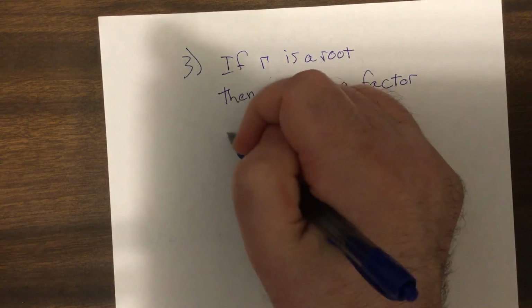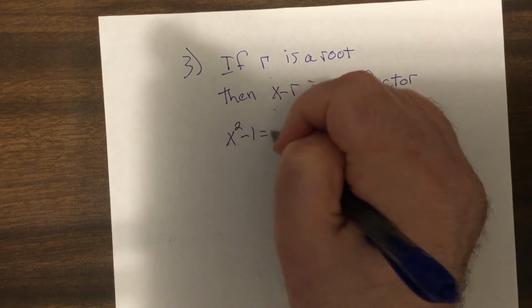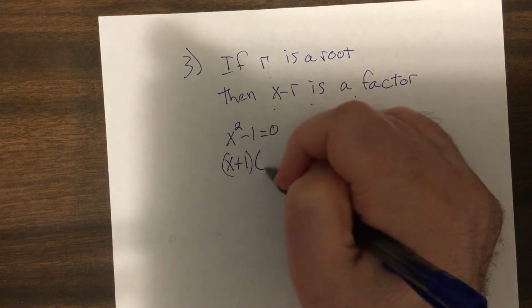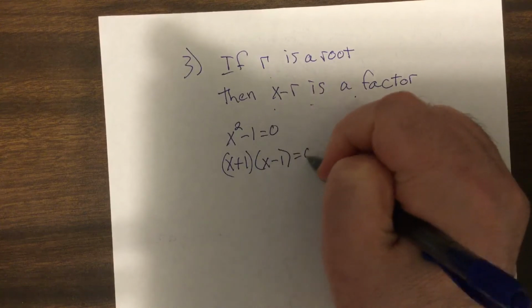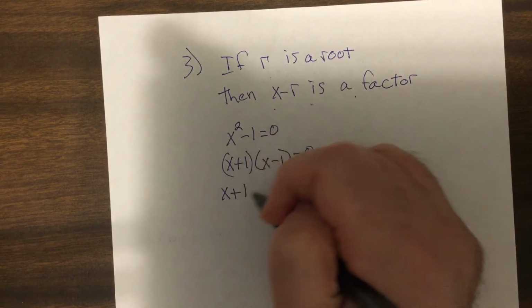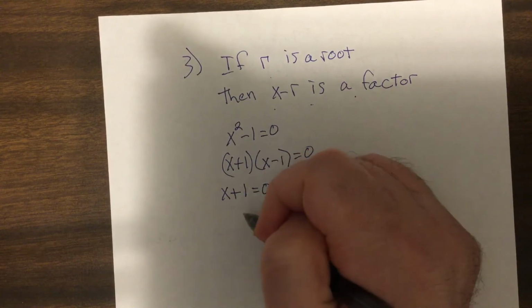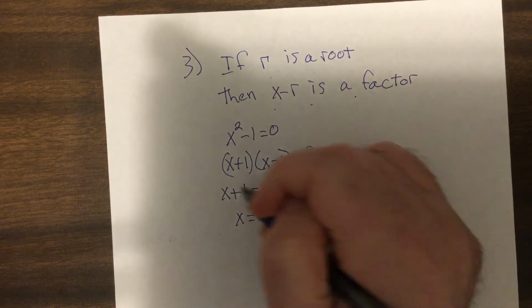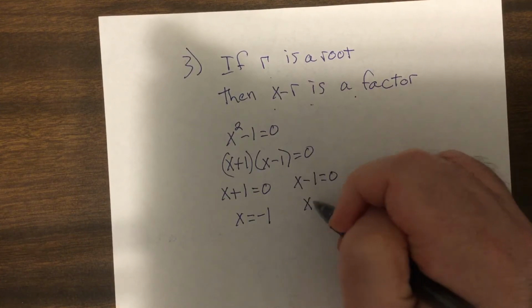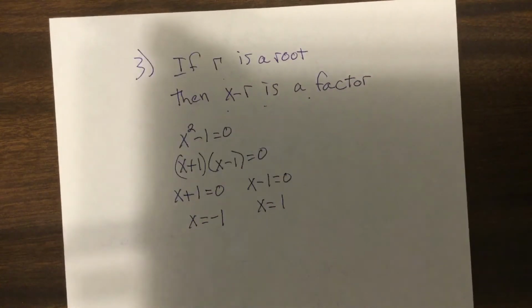So if I solve, let's say, x squared minus 1 equals 0, you'd say x plus 1 times x minus 1 is 0. So x plus 1 is a factor. You solve it by subtracting 1, so negative 1 is a root, an answer. x minus 1 is a factor, so x equals 1.